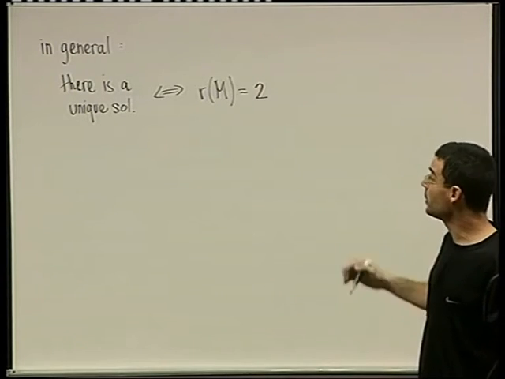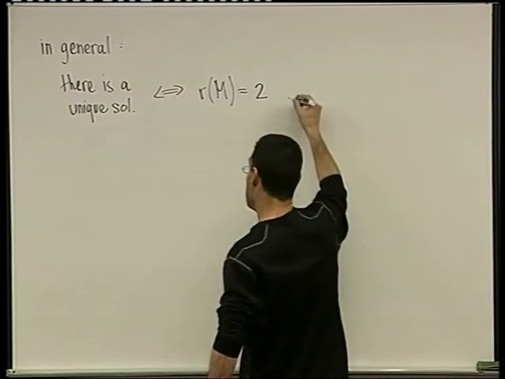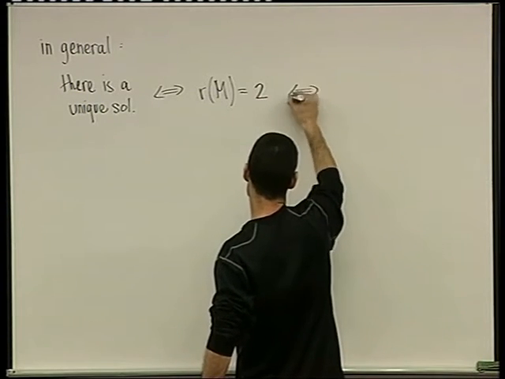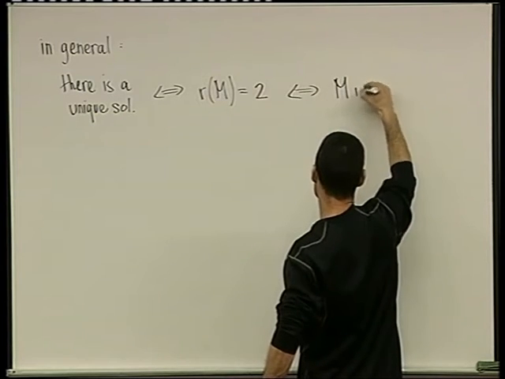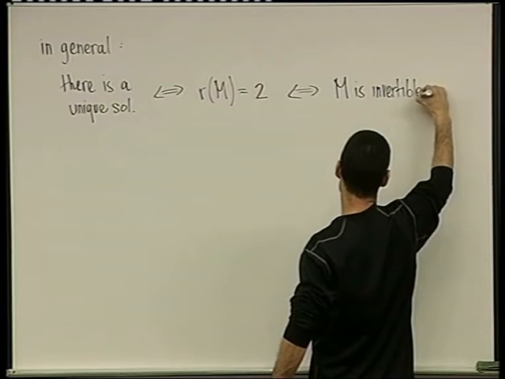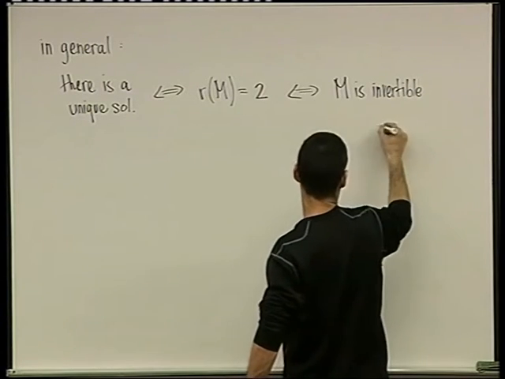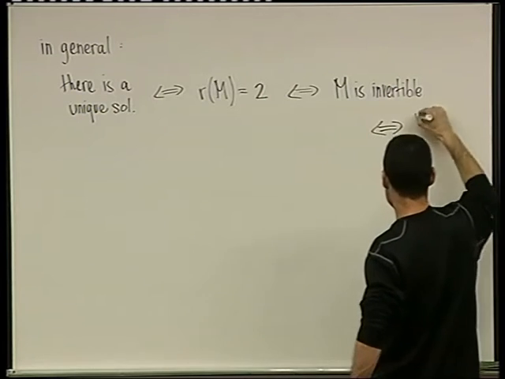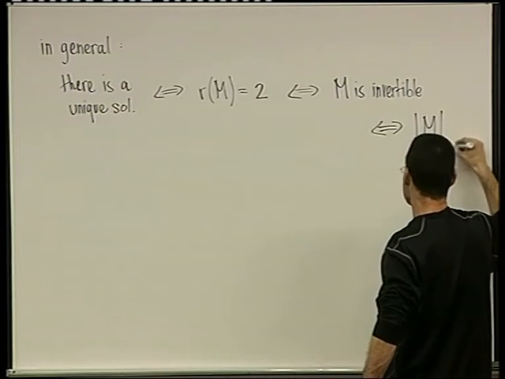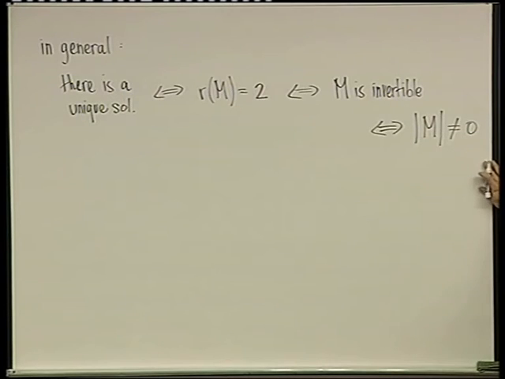So there is a unique solution if and only if the rank is 2. Another if and only if for this is that M is invertible. And another if and only if is that the determinant of M is not 0. Do you agree? This is stuff we've discussed previously.